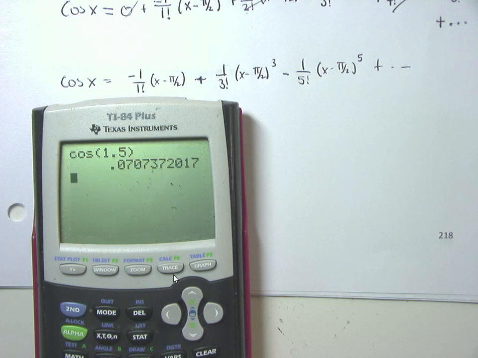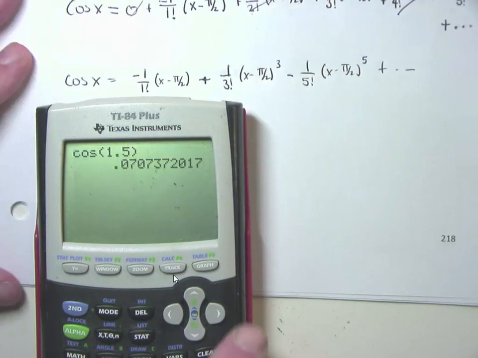A calculator is exactly what Pascal invented back in the 1600s. It's an add, subtract, multiply, and divide machine. All we've done is kind of computer scienced it into doing more things for us. Let me show you. Instead of typing in cosine, let us type in 1.5 into this polynomial here.